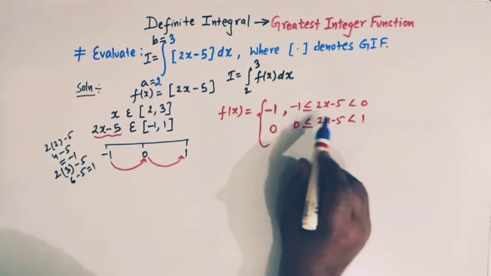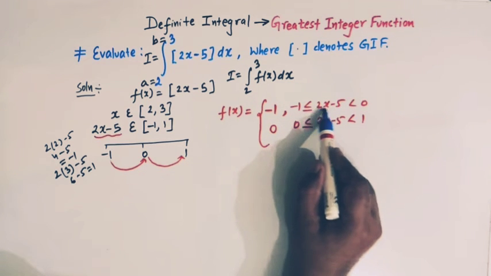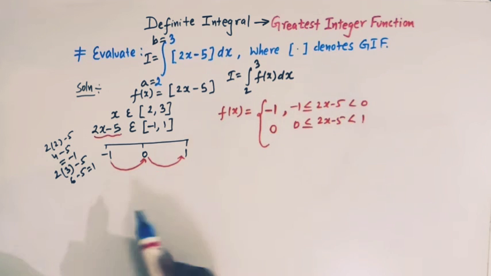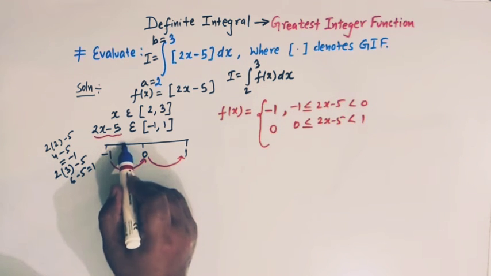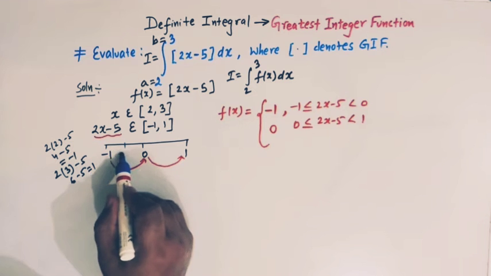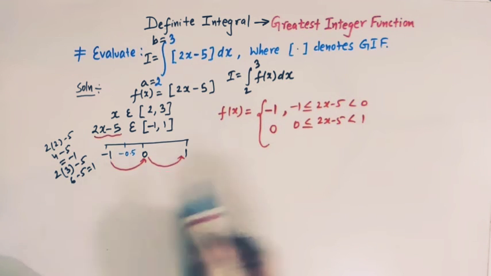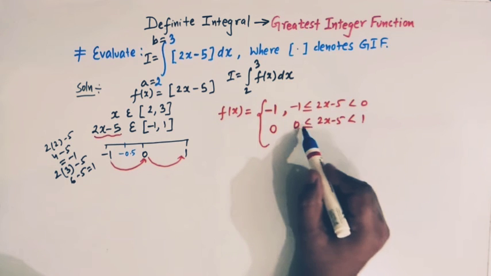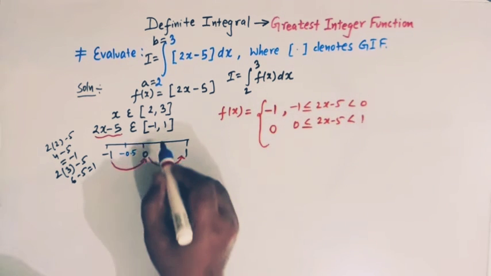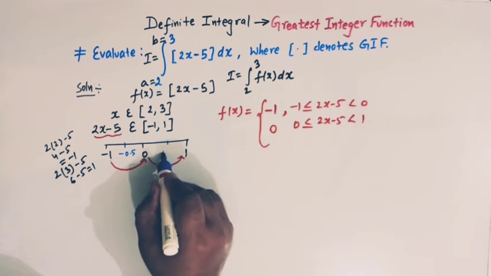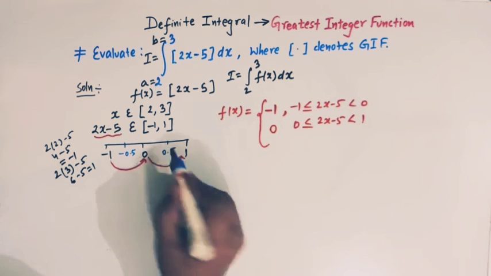Now let us take an example. When 2x minus 5 lies between minus 1 and 0, let us take a value here, suppose we take minus 0.5, clear? And when 2x minus 5 lies between 0 and 1, let us take for instance a value, say 0.5, clear?